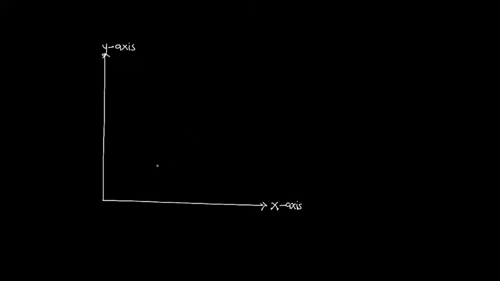So supposing we have 2 points over here, a point A and then another point B. So these 2 points are our points forming our straight line. So this is the second point.